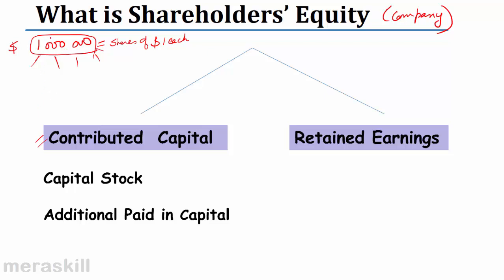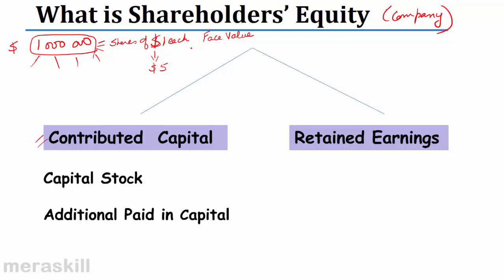So now, $1 each, right? Now, when a company issues this capital, it is quite possible that this $1 share, it actually issues for $5. And this $1 value is called the face value.